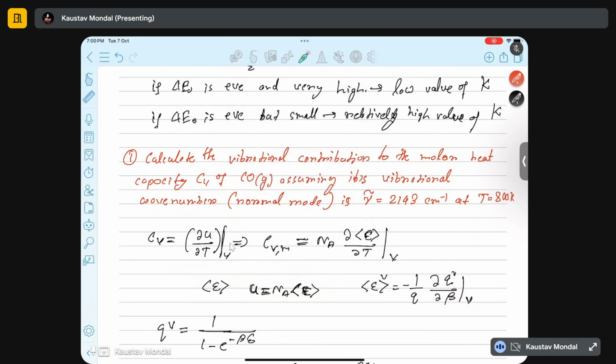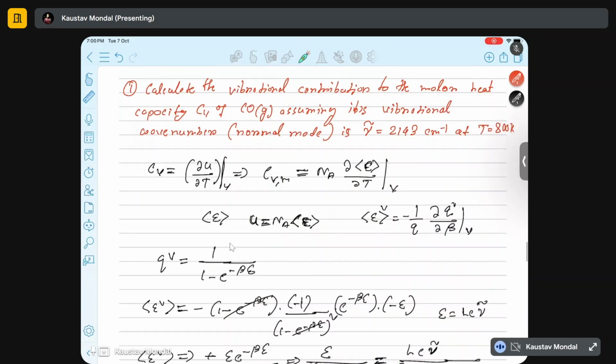Now after doing that, we are substituting this into the expression of CV. After that, we know that for the vibrational case, the average energy due to the vibrational contribution of a molecule is εV equal to 1 by Q. So this is our vibrational partition function QV, and the vibrational partition function looks like this.